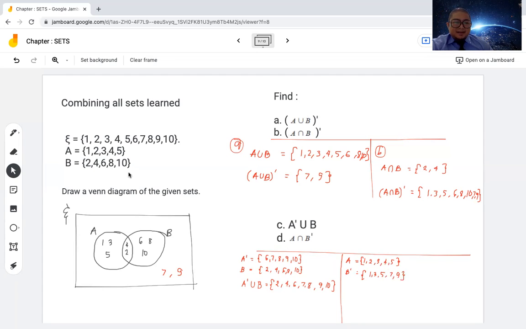Now afterwards, since we are looking for the intersection of A and B prime, what you need to do is find the common elements between these two sets.